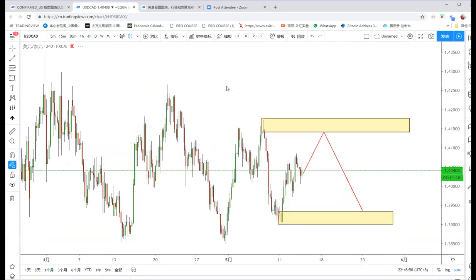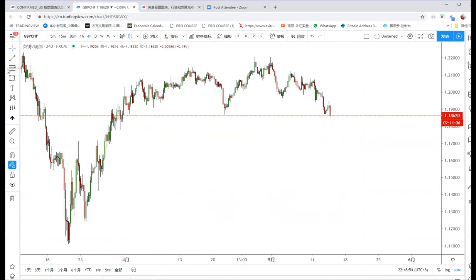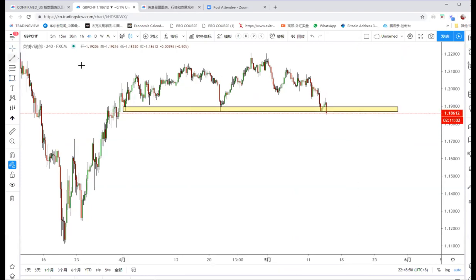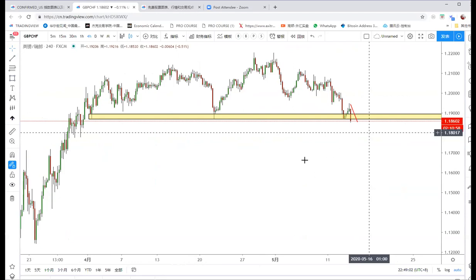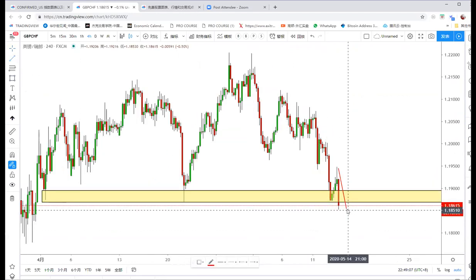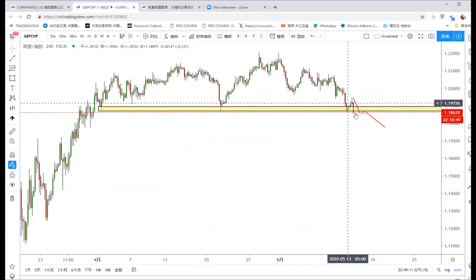Sterling Swiss franc. Okay, sell. This will be a quick trade because the sterling Swiss franc has just broken down. You can see that. So you can do a sell immediately. Now it's pulling back, right?